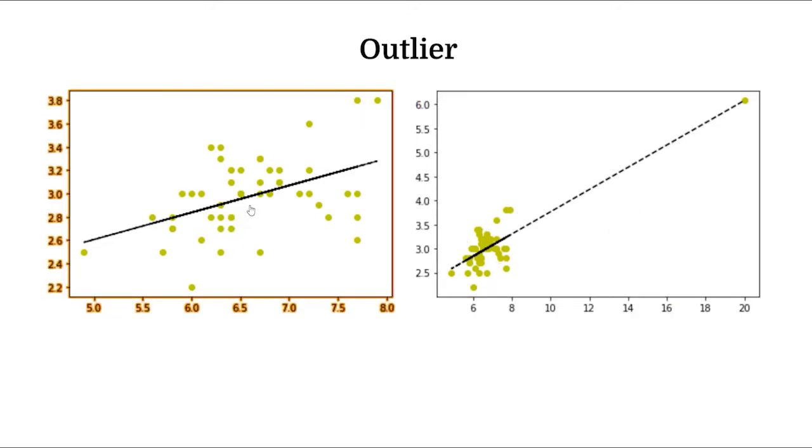It seems like the slope of the line on the left side is smaller than the slope of the line on the right side. Also, it will change the intercept from the previous data. So only one data point has extreme potential to change the whole model. That's why outliers are very important.